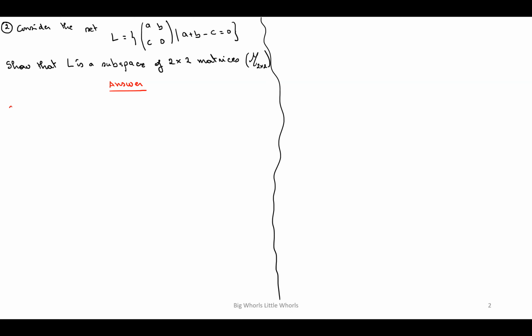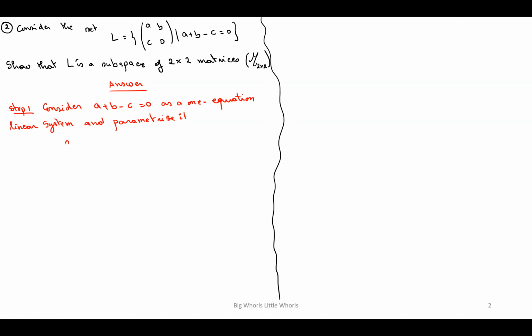Step 1: we are going to consider again A plus B minus C equals 0 as a one equation linear system, and parameterize it.